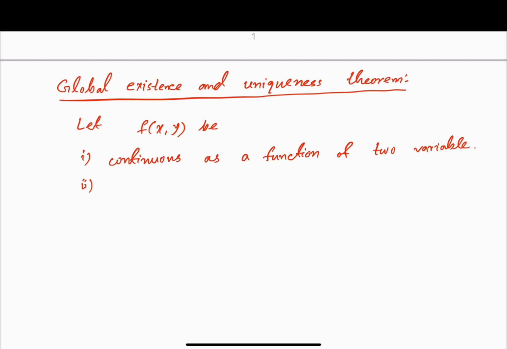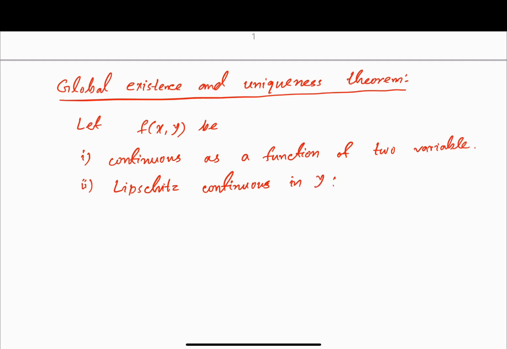Assumption two is that the function is Lipschitz continuous with respect to the variable y, meaning the second variable.